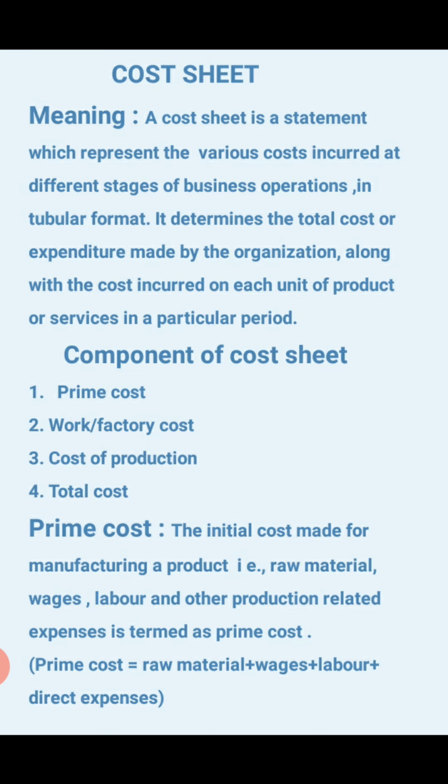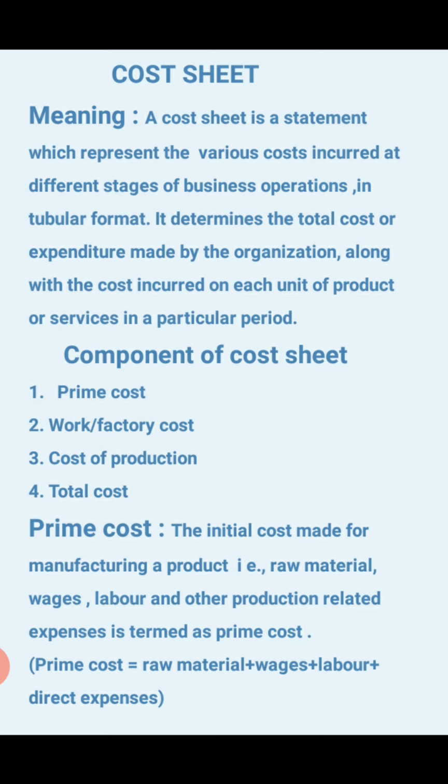From the cost sheet we determine the total cost or expenditure made by organizations, along with the cost incurred on each product and service rendered to customers for a particular period.